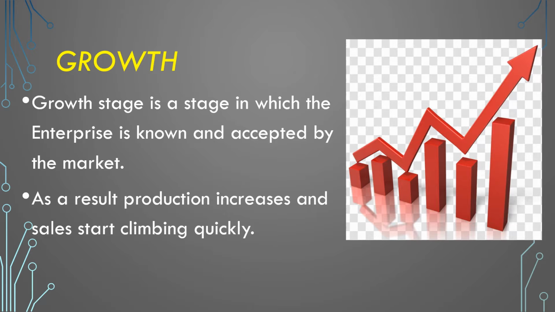As a result, production increases and sales start climbing quickly, but supply falls far short of demand for the product. More production provides the benefit of economies of scale by reducing per unit cost of the product. As a result, profit increases.